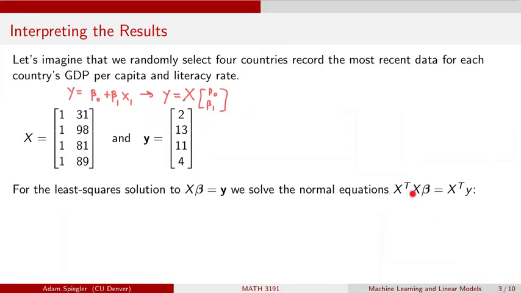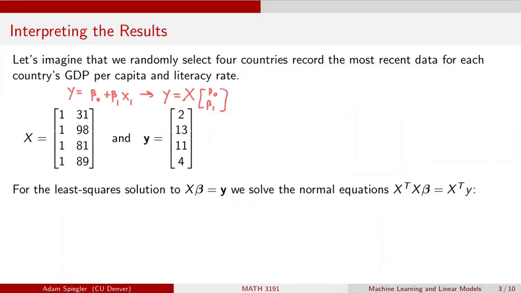From the invertible matrix theorem, we know that this product will be invertible as long as the matrix X has a pivot in every column. In this case, we can see very clearly that these 2 column vectors of matrix X are linearly independent from each other. One is not a multiple of the other. So we're going to be able to invert this matrix.